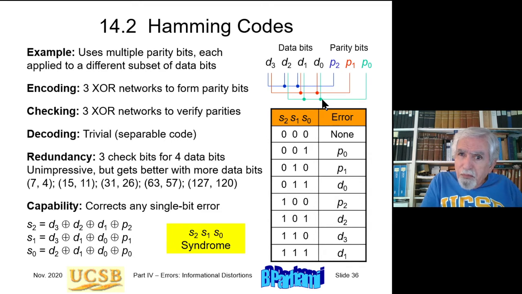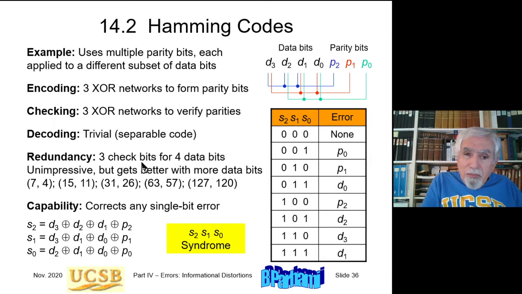So P0, D0, D1, and D2 are XORed together, and if the result is 0, then we know that part is okay. So you need 3 XOR networks to verify parities. Decoding is trivial because this is a separable code. The data part is separate from the check part. Therefore, you just look at these 4 bits. There's no decoding involved.